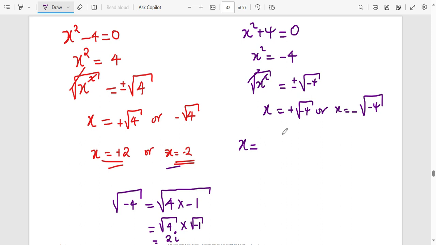So x is equal to positive square root of 4 gives us positive 2i, or x is equal to negative square root of 4 gives us negative 2i. So every time you see i, that is a complex number. Okay? That is a complex number.